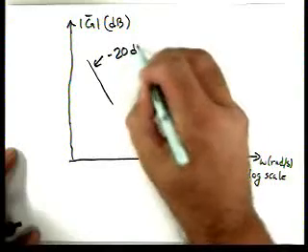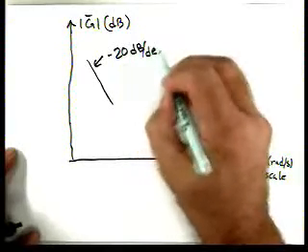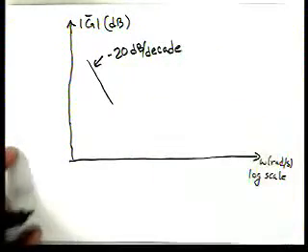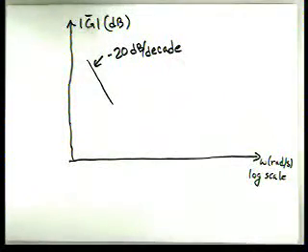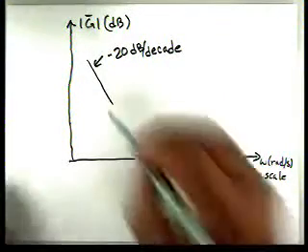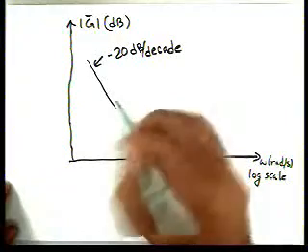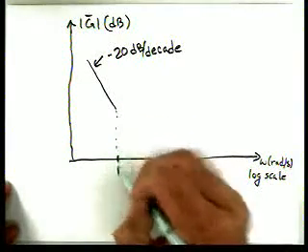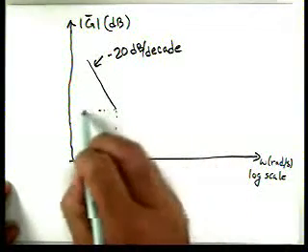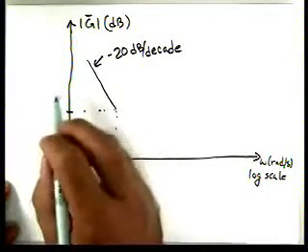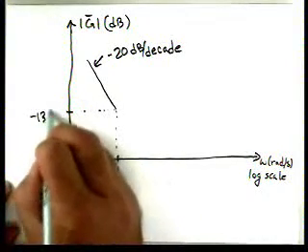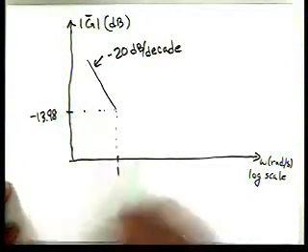This is because of the simple pole at the origin. And because of the gain at omega equal 1, this has a gain of minus 13.98 because of that constant.